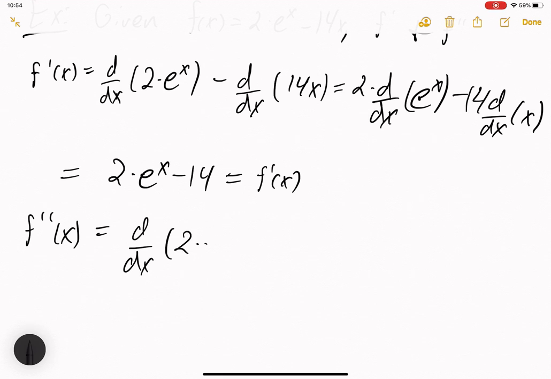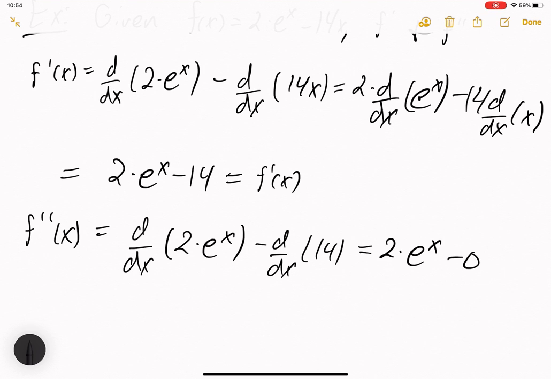You get 2 times e to the x minus d/dx of 14, which just equals, again, we pull out the 2, find the derivative. Again, we just get 2 times e to the x minus 0, because the derivative of a constant is equal to 0. So we just get 2 times e to the x.